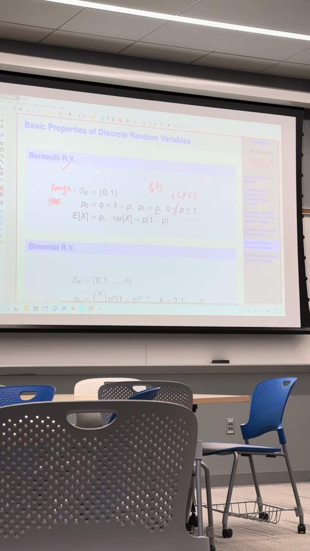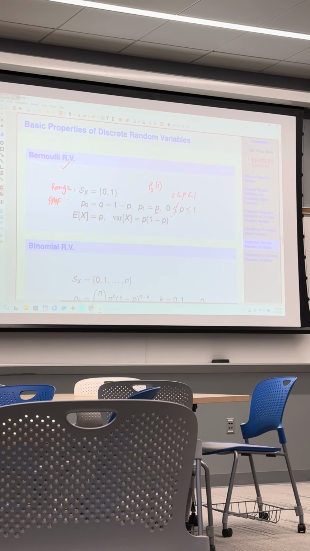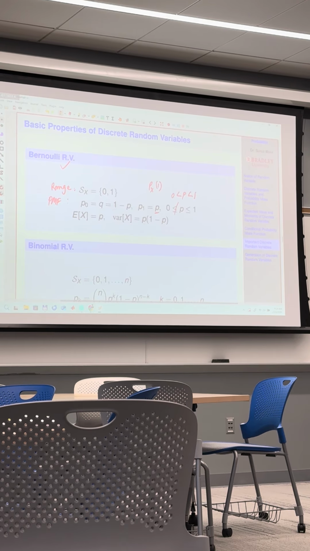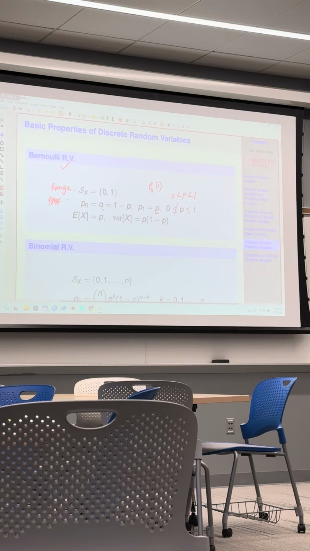Because if p equals 0, it doesn't make any sense. It's a certain event and you know that it's failure or that does not give you anything. So therefore I use 0 less than p less than 1, where this p is the success probability and failure probability is 1 minus p, which is q.